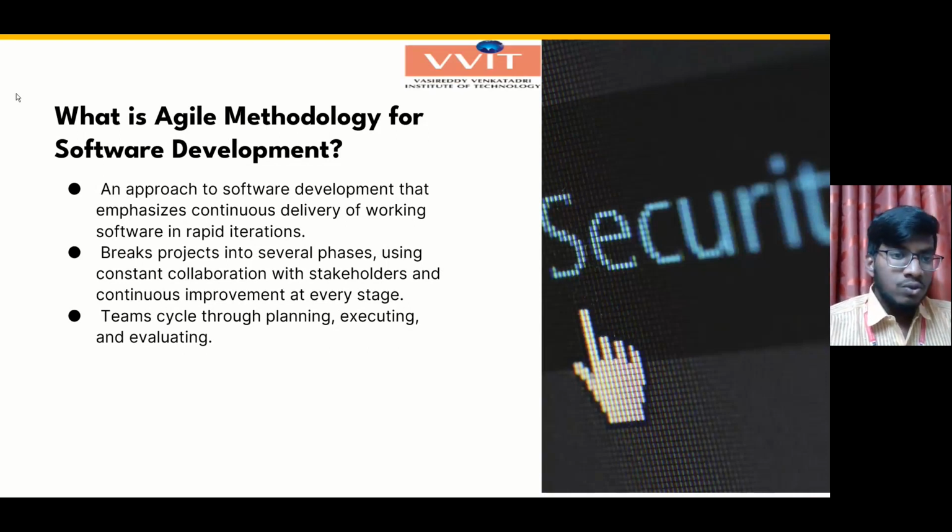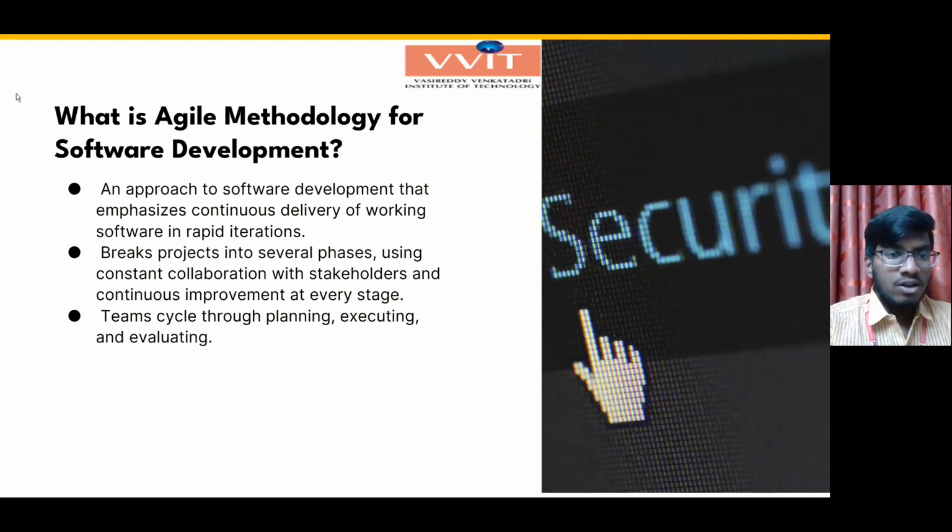So why are people choosing agile methodology for software development? What are the different reasons to choose agile methodology as the best methodology to develop software? There are some main reasons. As we know, there are different process models to develop software, that is the waterfall model, incremental model, and iterative model.